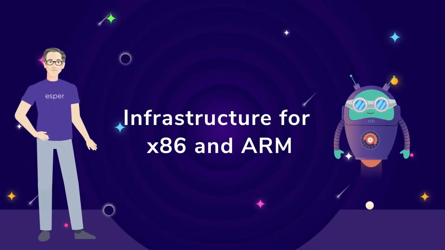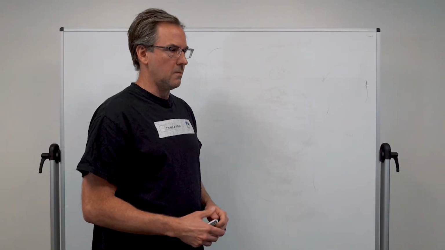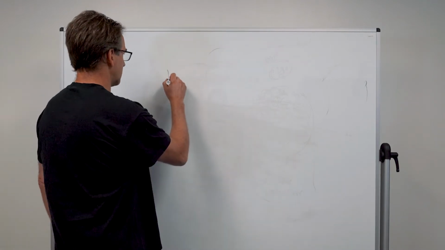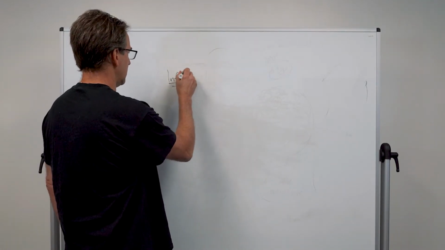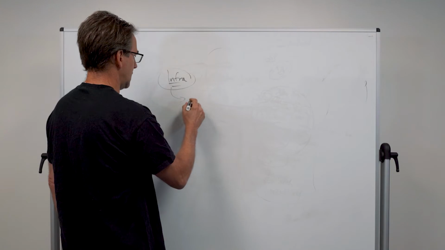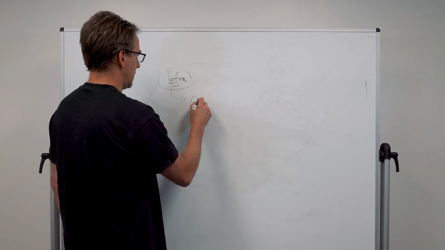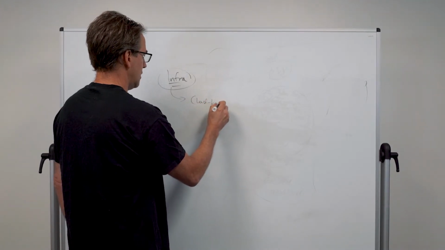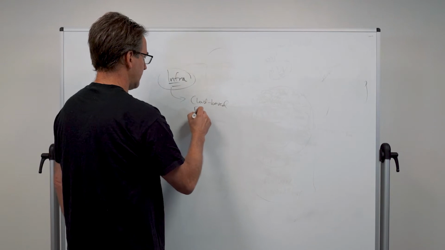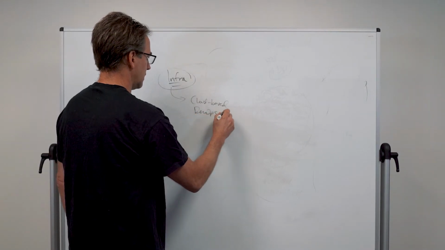So an important side note to cover, which may not be obvious, is when you look at infrastructure, we talked about apps, right? But let's look at the overall solution, that Esper is a cloud-based infrastructure for doing DevOps for dedicated device fleets, right?